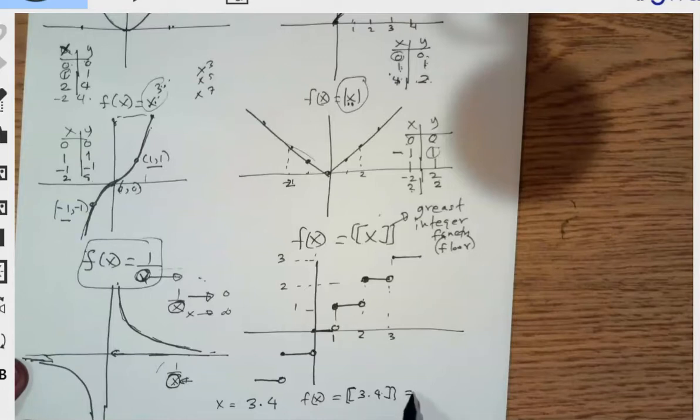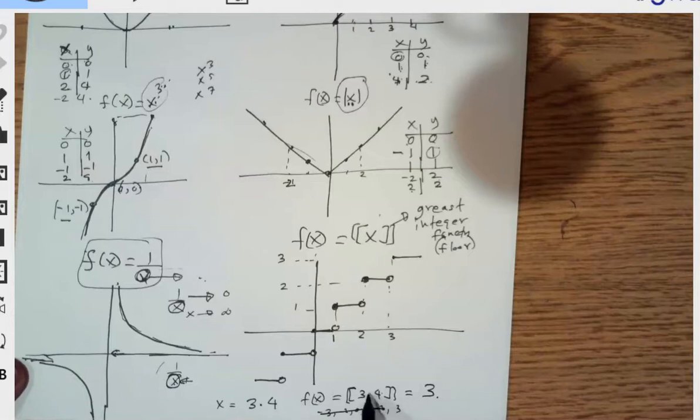So if you look at the integers which are smaller than or equal to 3.4, there are lots of them, right? So -3, -2, 0, 1, 2, 3, all of them are smaller than or equal to 3.4. Not 4, but up to 3 is fine. Out of this lot, we select the biggest. Clearly, the biggest is 3. So the answer is 3.